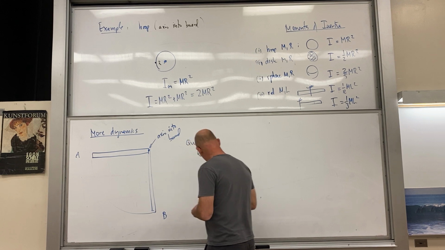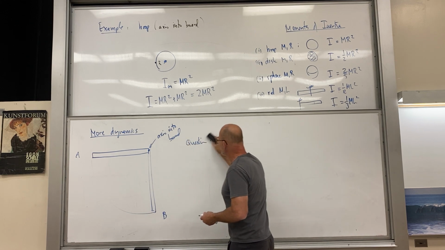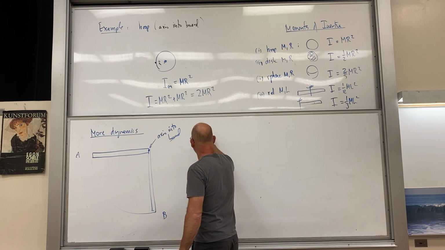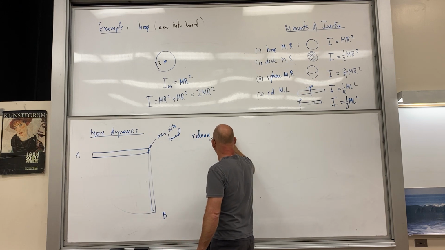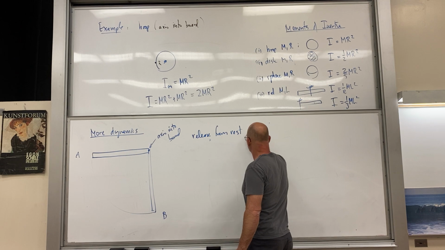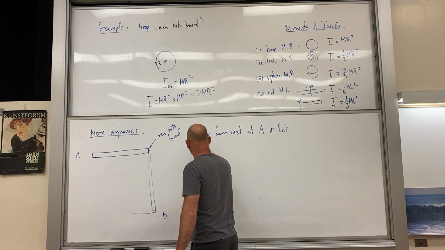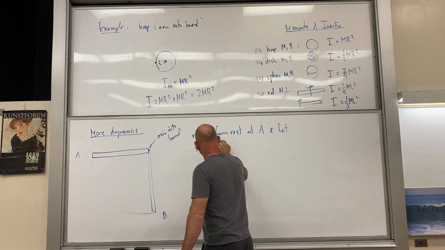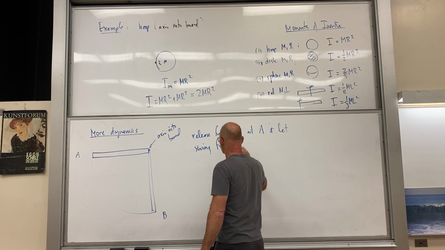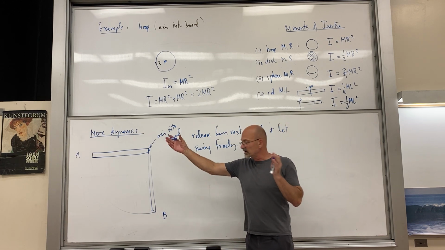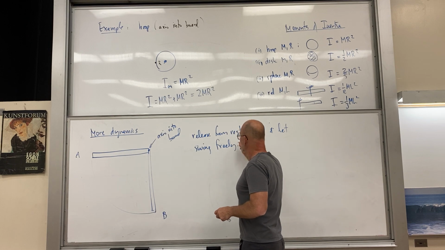So just to make sure I write this down: release from rest at A and let swing freely. Okay, so that's what we're doing. We've got the rod, we're releasing it the way I just showed you, letting it swing freely.